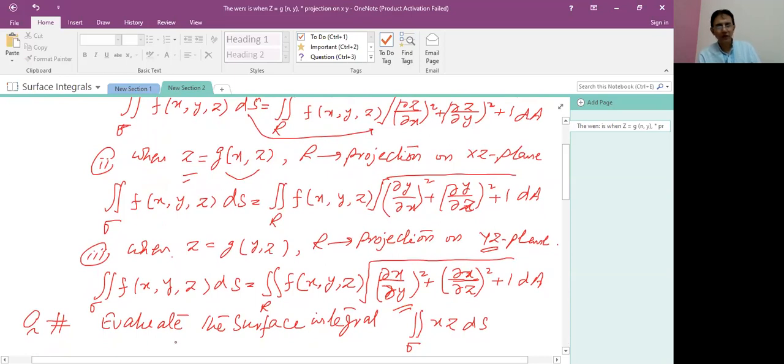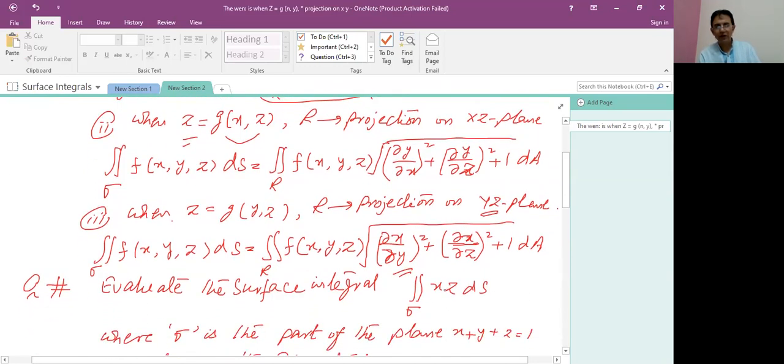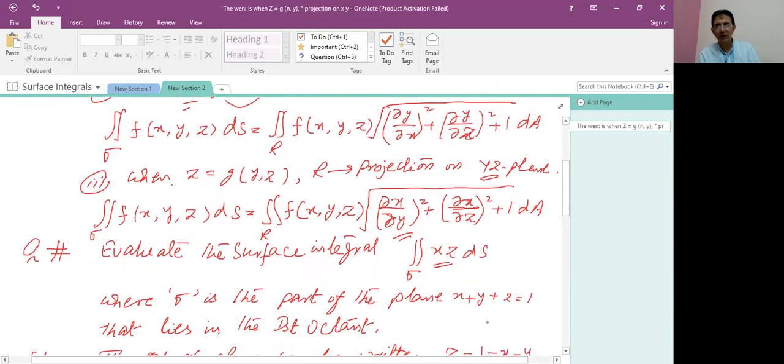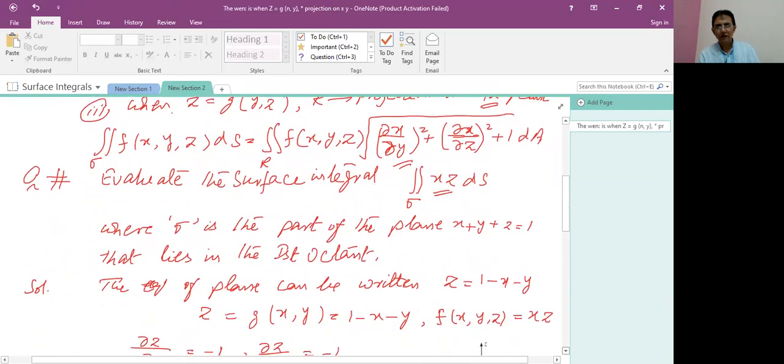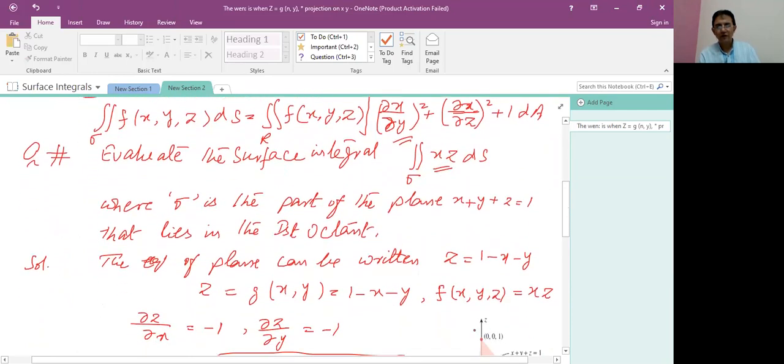Now we apply this here: evaluate the surface integral, double integral of xz into dS. They have given, student, f of x y z equals xz, where sigma is the part of the plane x plus y plus z equals 1 that lies in the first octant.